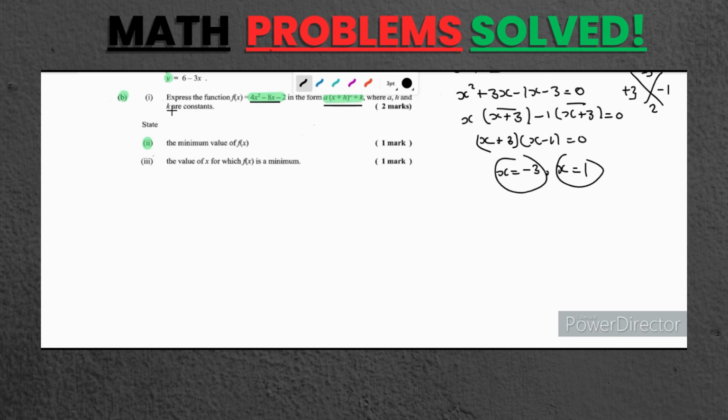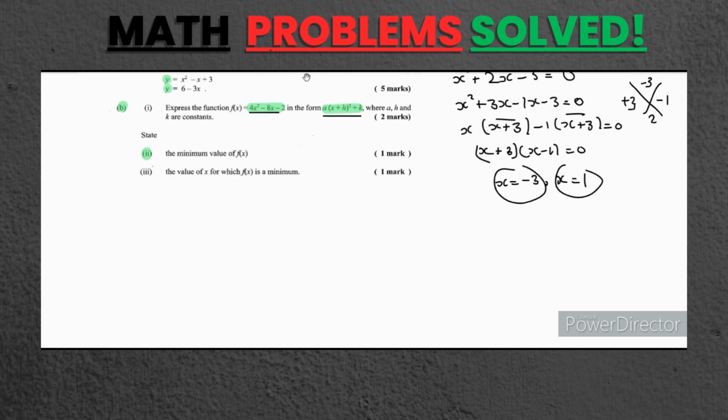It says express the function f(x). This function is given to us and we have to convert it into this format. First of all, we will take the function that is 4x squared minus 8x minus 2. There are many ways to solve it.